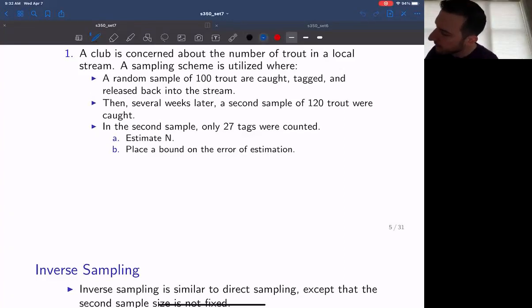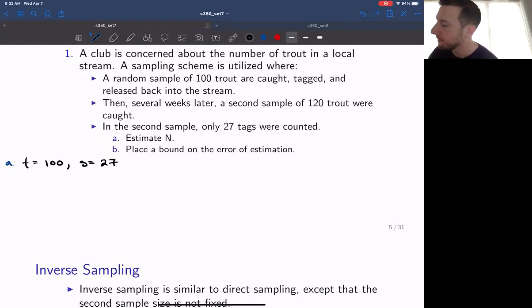Okay, so in part A, we have t equal to 100, so that's the first number caught. Then we have little s equal to 27, the number of tagged elements that were recovered.